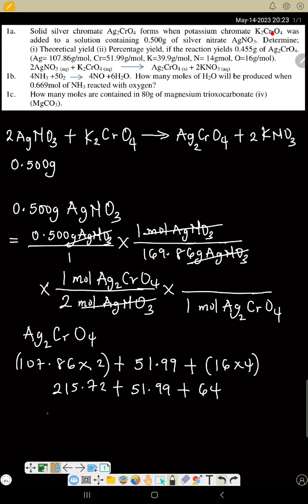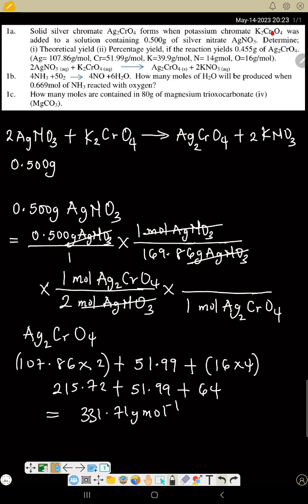So add everything together: 215.72 plus 51.99 plus 64 is 331.71 gram per mole.